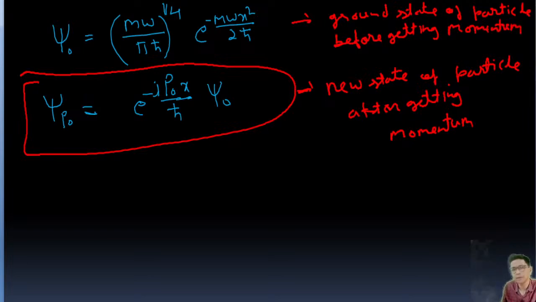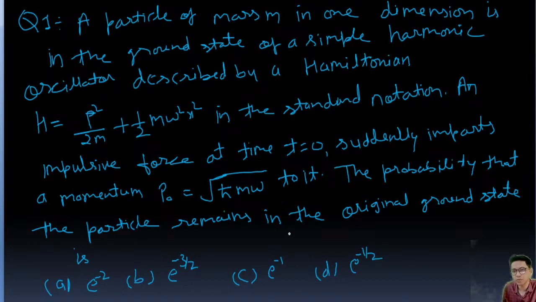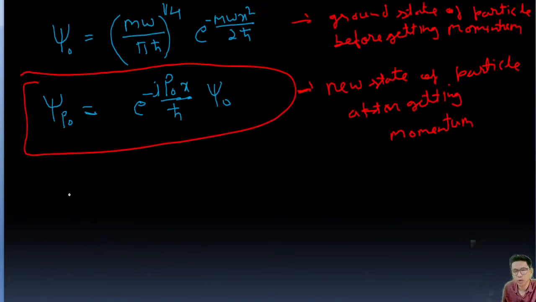Okay, now we have to find the probability that the particle remains in its ground state, or the probability that the particle remains in its original ground state, right? So this probability is going to be P naught, the probability that it will remain in its ground state.